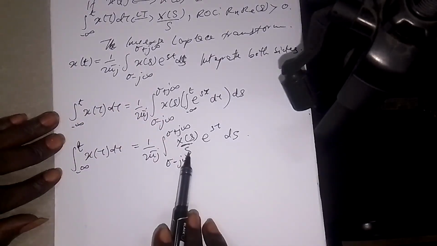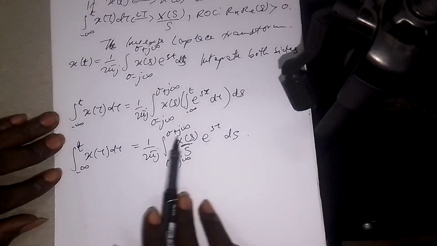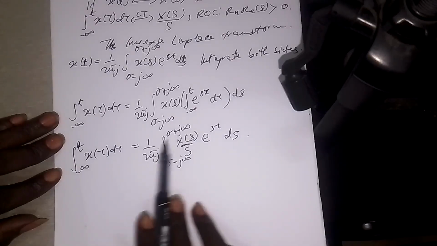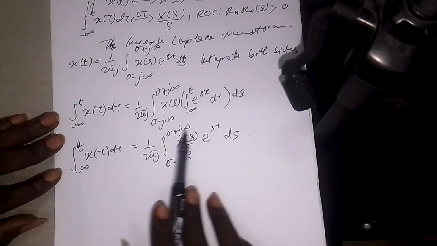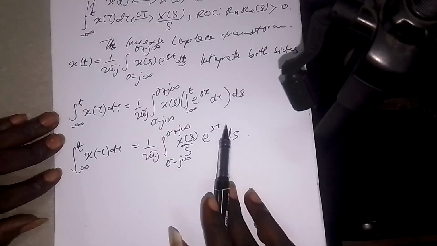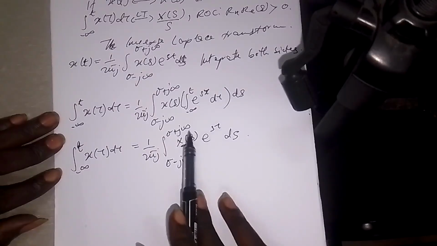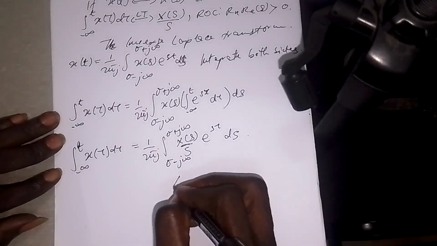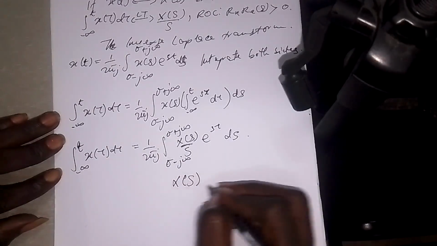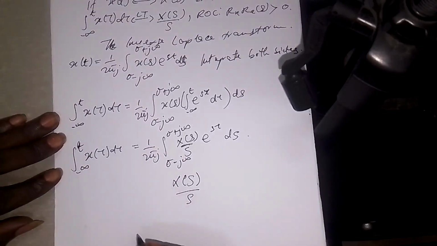Then everything here is x of t, because this is the inverse transform, and x of t has a transform of X of s.